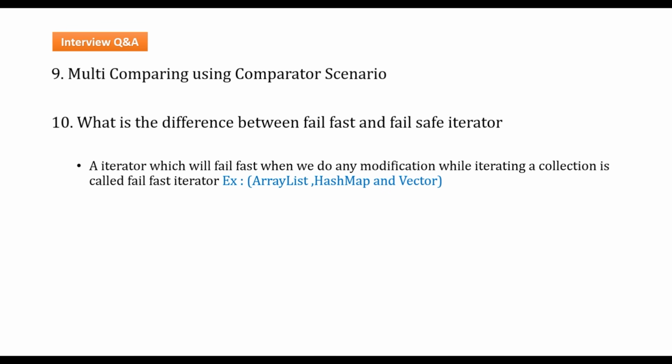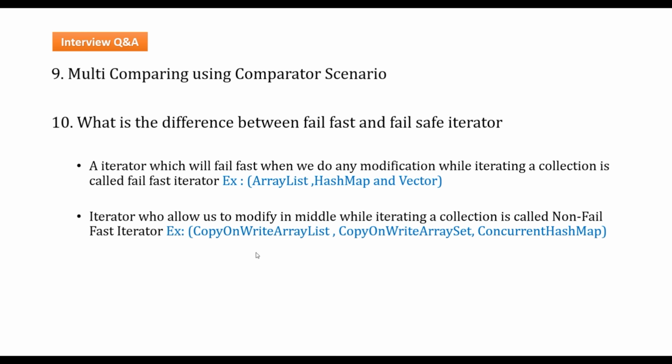Now an iterator which will fail fast when you do any modification while iterating a collection is called a fail fast iterator. Let's say I have one collection and I am iterating it. While iterating, in the middle I try to modify something on the same collection object. Then we'll get an exception, which is ConcurrentModificationException. That's the reason it is called a fail fast iterator.